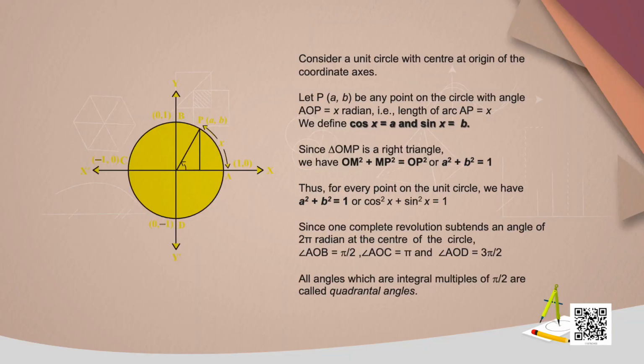Thus, for every point on the unit circle, A square plus B square is equal to 1, where A is cos X and B is sin X, so cos square X plus sin square X is equal to 1, and this identity you already know.